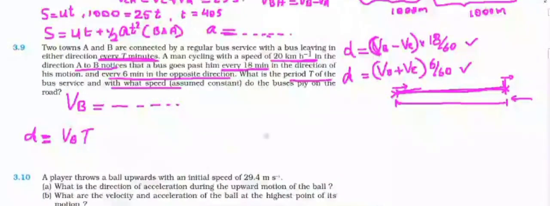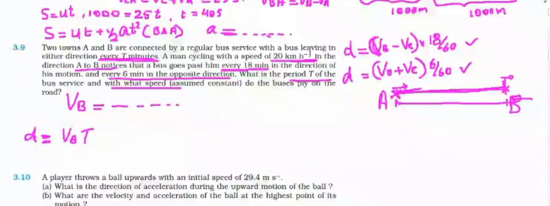Then, if the first bus overtakes the cyclist at the initial point A, next bus overtakes the next point B, then T is the time interval.